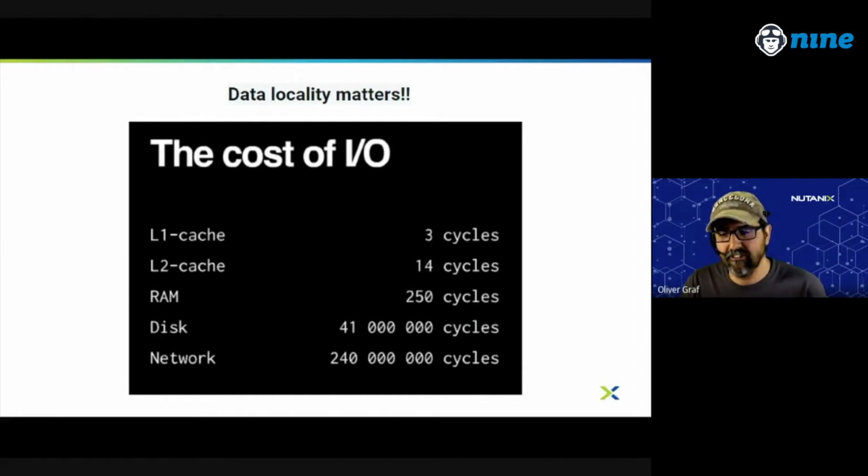As you see in that list, the cycles on a network are not good. So you should position your data as close as possible to the fastest I/O device that you have.